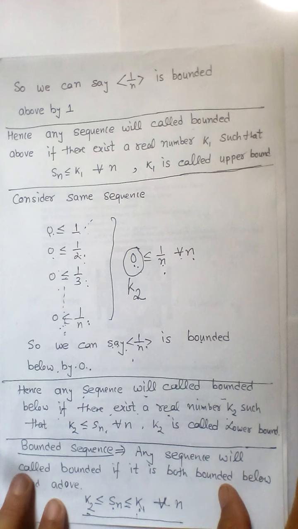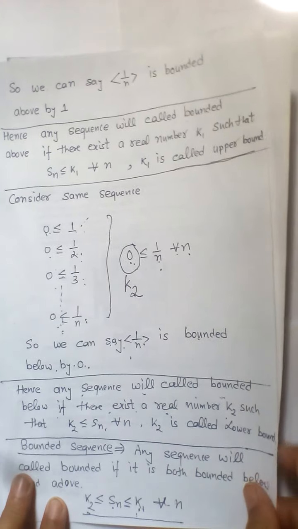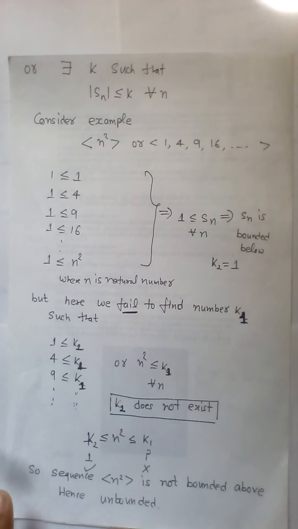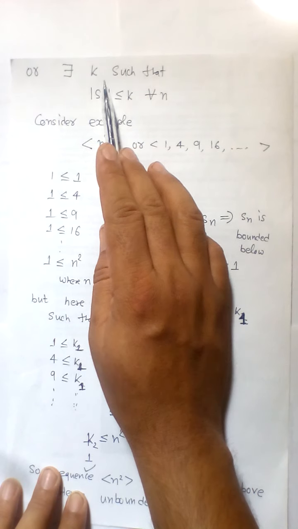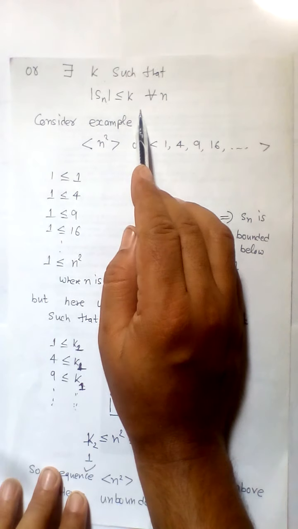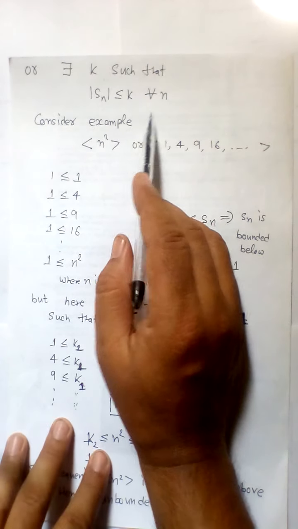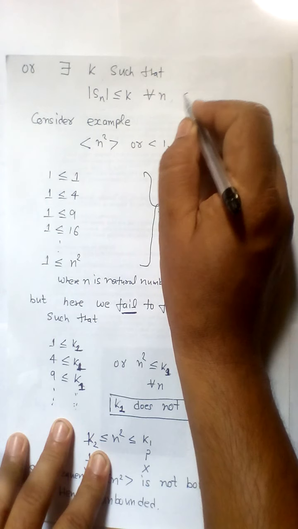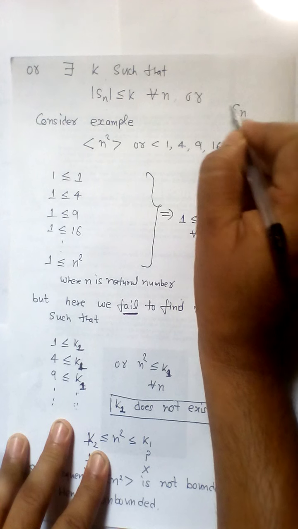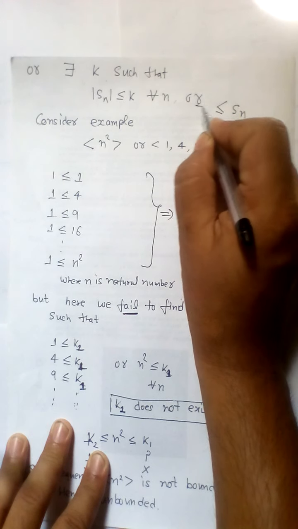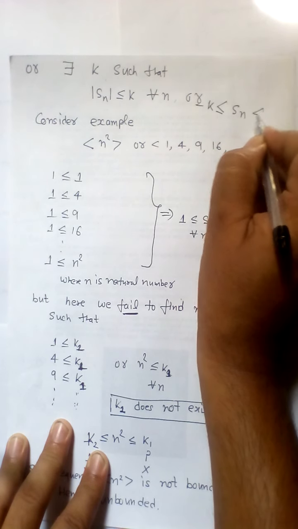You can define a bounded sequence by another definition, which is this: if you can find k satisfying this condition, what it means, you can write it like this also. Sn is between minus k and k.